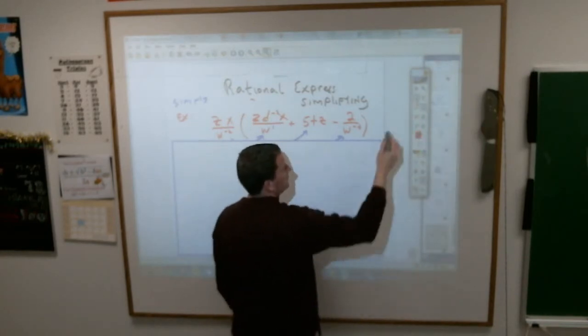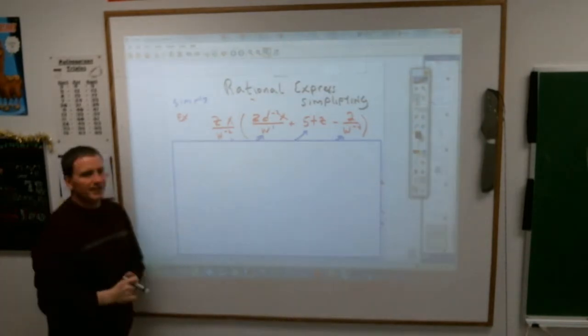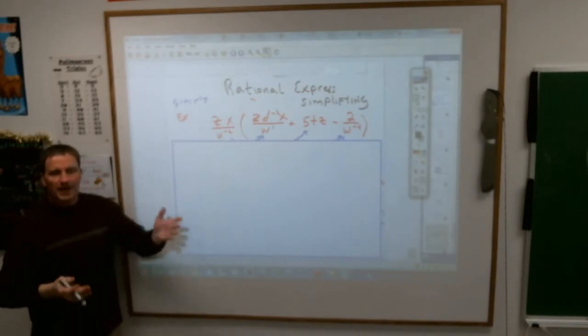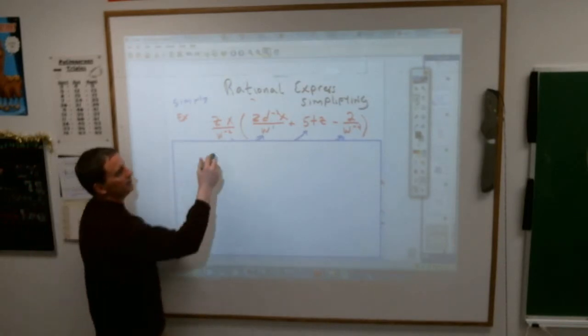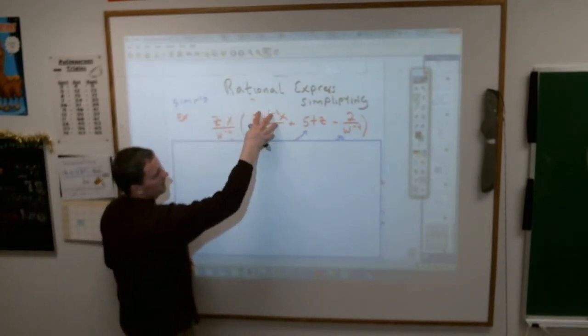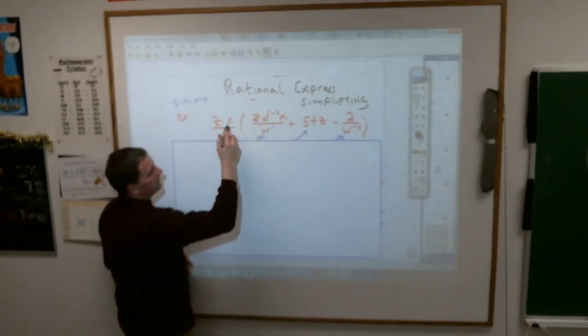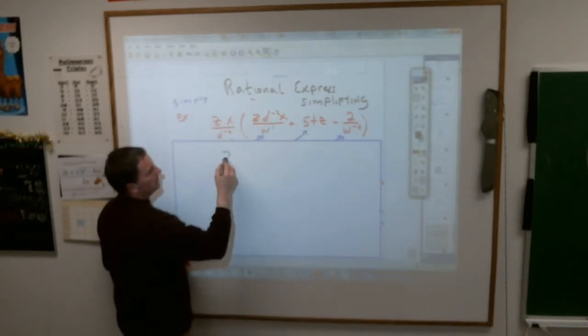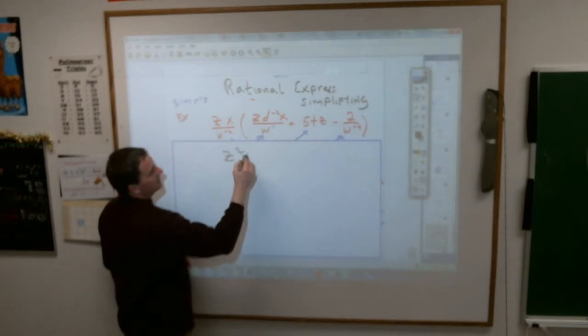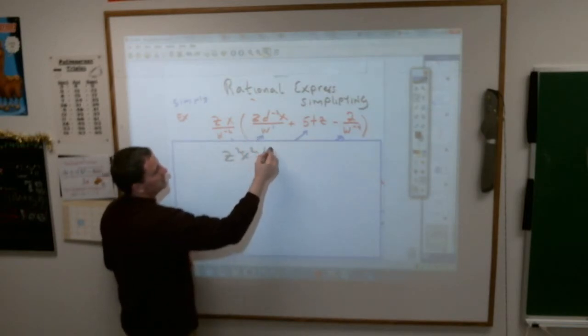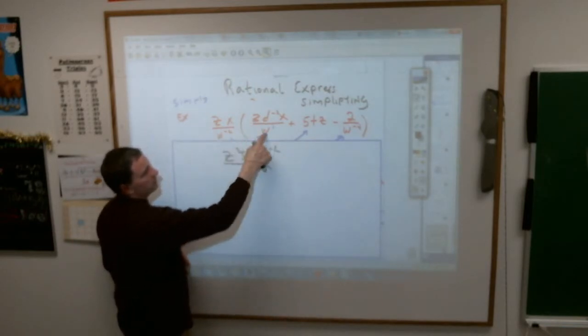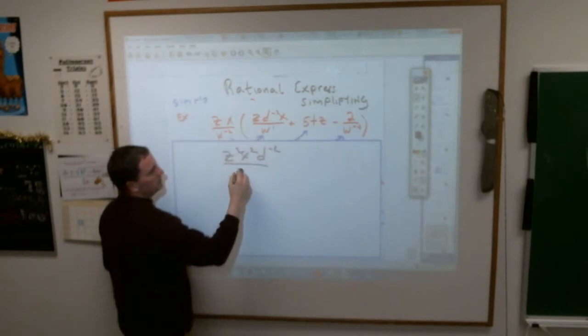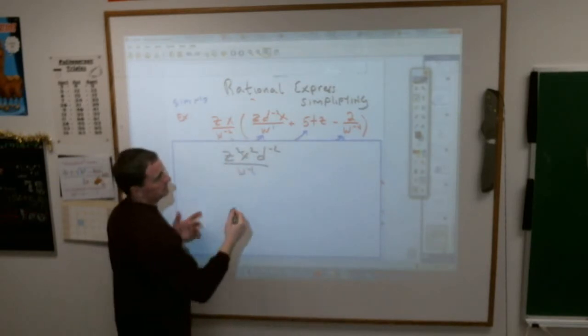But sometimes I do. If you did not move everything to the top of the fraction, this is just what it would look like. If you multiply this fraction with this fraction, you would get the z squared on top, the x squared on top, the d to the minus 2 on top, and then on bottom, when you multiply the 2 w things together, you get w to the negative 1st power.